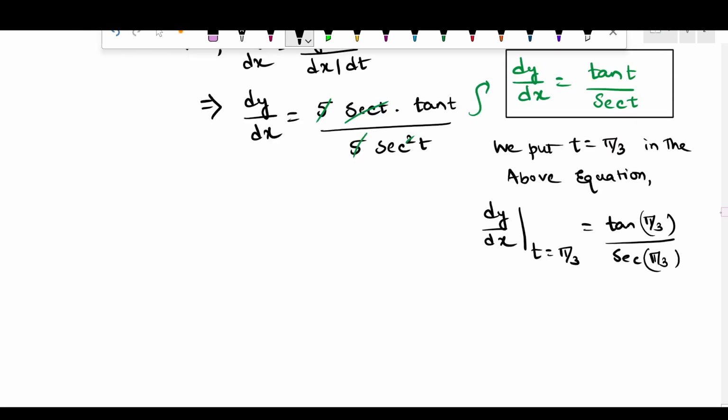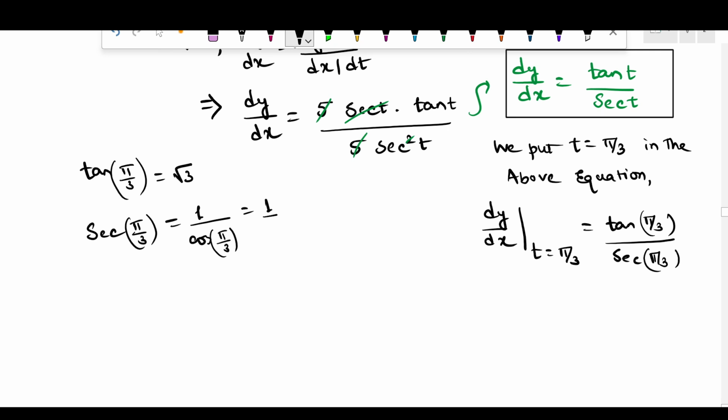Now you know the value of tan pi by 3, right? If you don't know, see here, tan pi by 3 is equal to root 3 and secant pi by 3 is equal to 1 by cos pi by 3, which is equal to 1 by half, which is equal to 2, right?